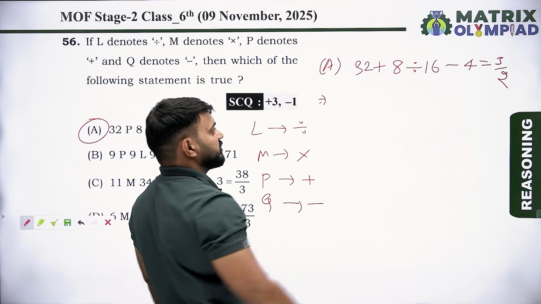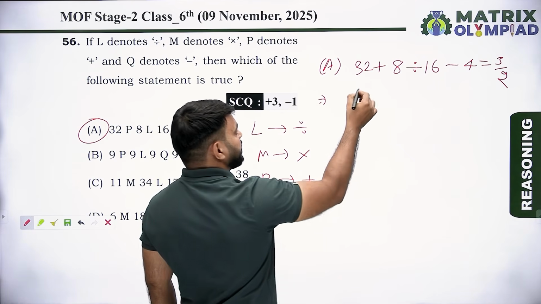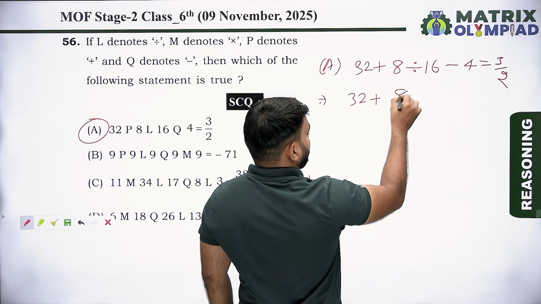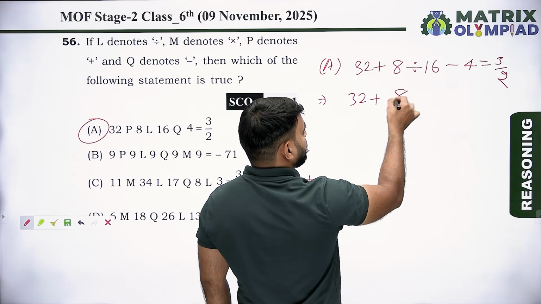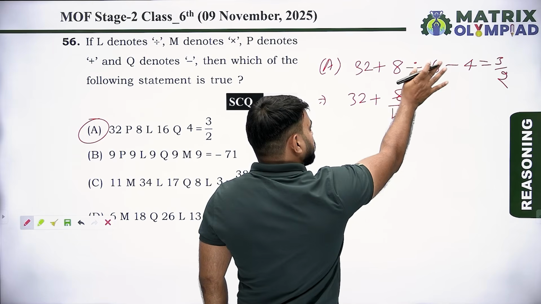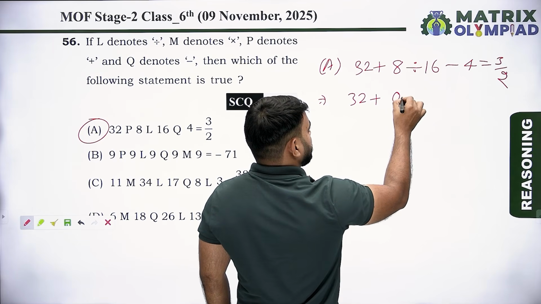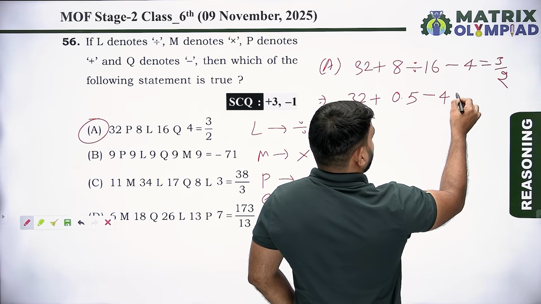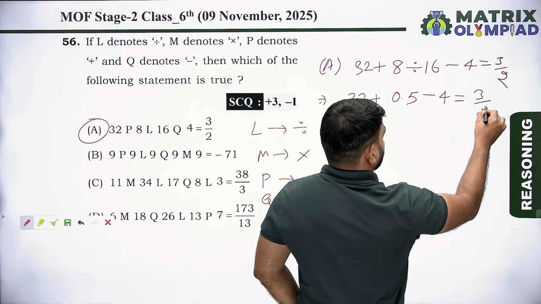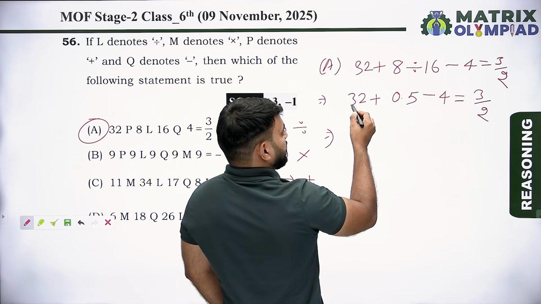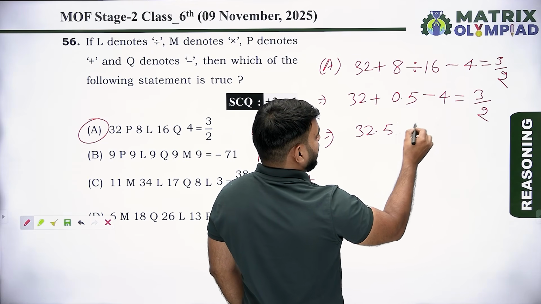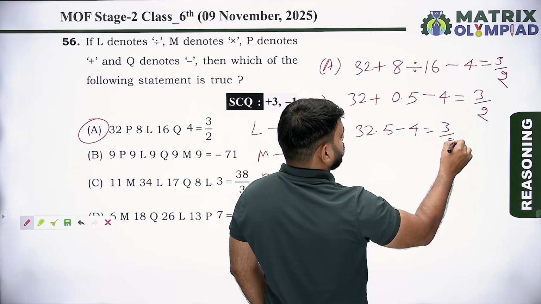Now using BODMAS rule in this equation, so first divide the numbers. 8 divided by 16, other you can say 1 by 2, other you can say 0.5. So 32 plus 0.5 minus 4 is equals to 3 by 2. Now add the numbers. 32 plus 0.5, it means 32.5 minus 4 is equals to 3 by 2.